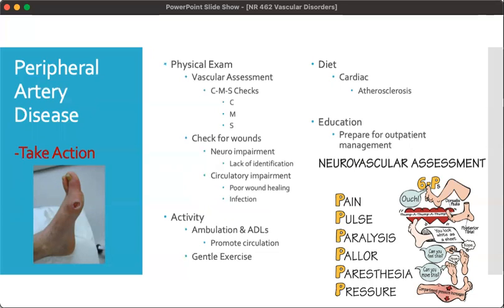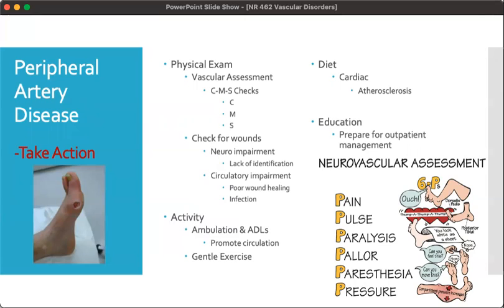And then we need to check their foot for wounds, especially their lower extremities. Because of that neuro impairment, they may not know if they develop wounds or not. A lot of patients can develop foot wounds from peripheral artery disease just if their shoes are on too tight. For people with normal circulation, we can feel when our shoes don't fit right, when they're a little bit tight.